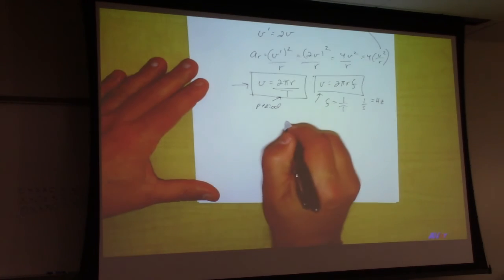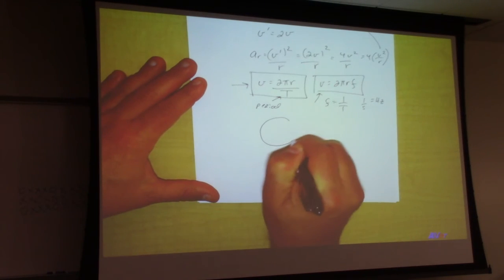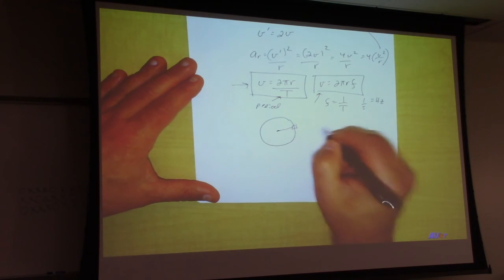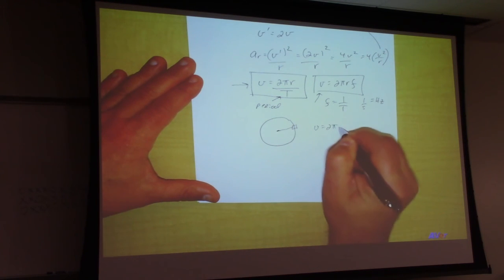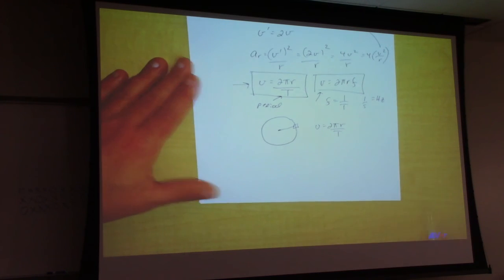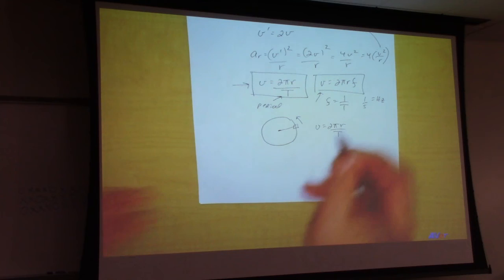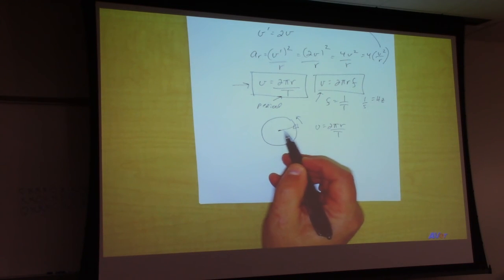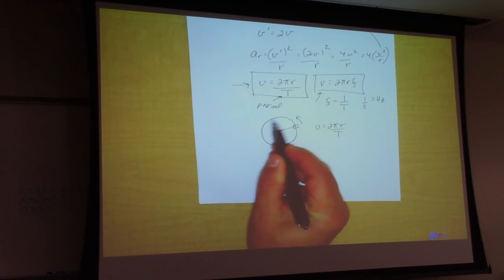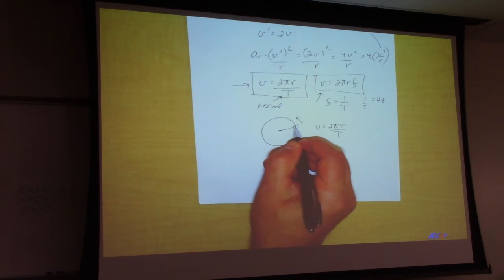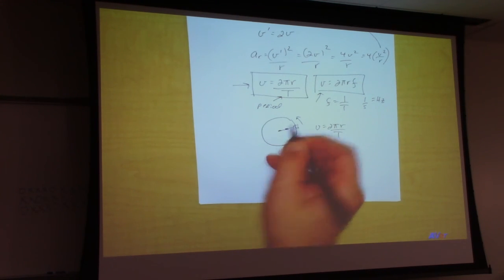Okay, so if you're going around in a circle, this is the overhead view. Going around a circle, the speed is 2 pi r divided by the period. So as you go around in a circle, we'll just say we're going this way. When you're out here, going around the circle, so if it's a merry-go-round, if you're at the edge, you have a greater speed than you do if somebody is closer, right?